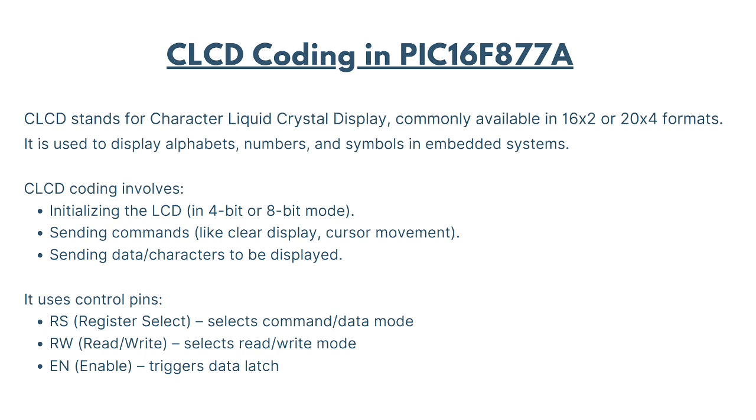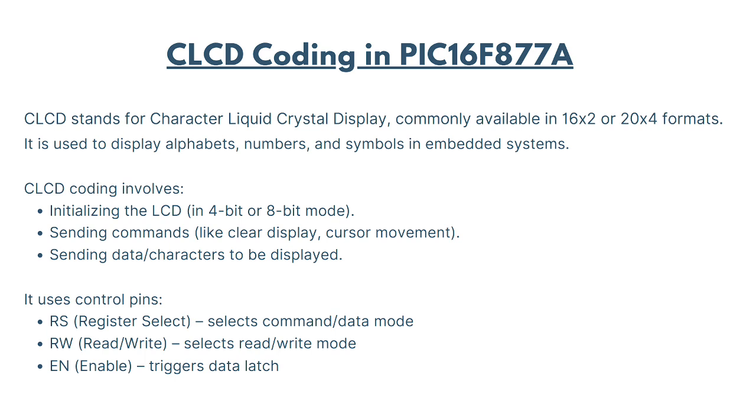So moving on, now we are going to discuss CLCD coding in PIC16F877A. The CLCD stands for Character Liquid Crystal Display, commonly available in 16x2 or 20x4 formats. It is used to display alphabets, numbers, and symbols in embedded systems.